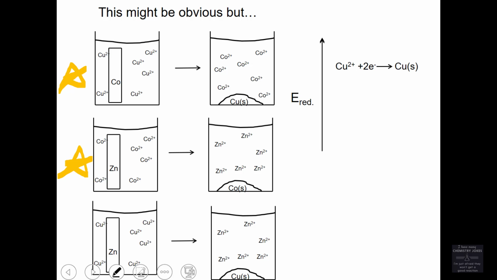So that means electrons are more stable on cobalt than they are on zinc. So I put cobalt next in my reduction potential table. And finally, because there's only three metals in consideration here, zinc is the least likely to be reduced. The electrons are least stable on zinc of these three metals.